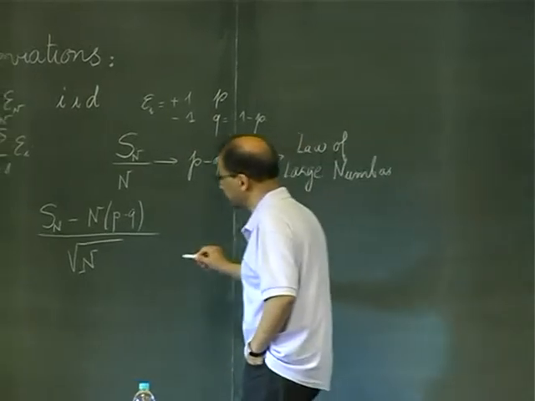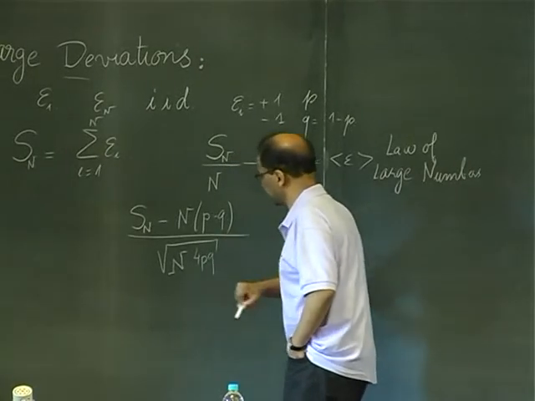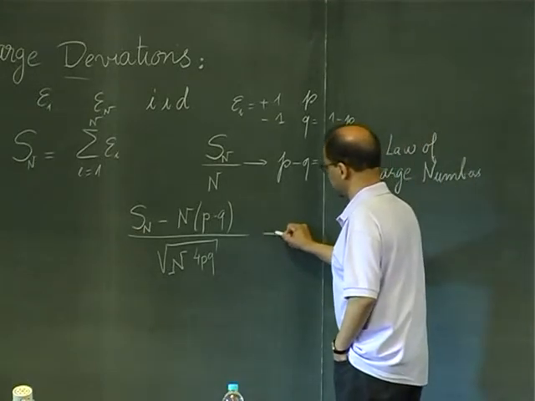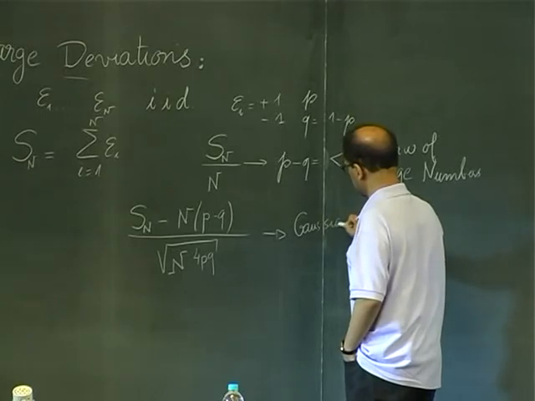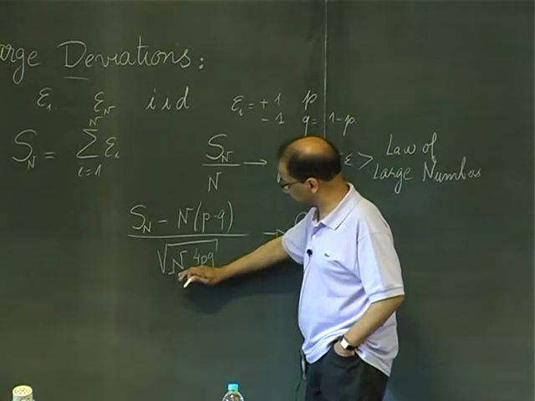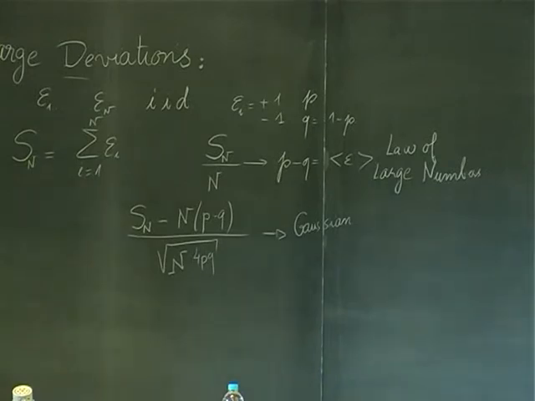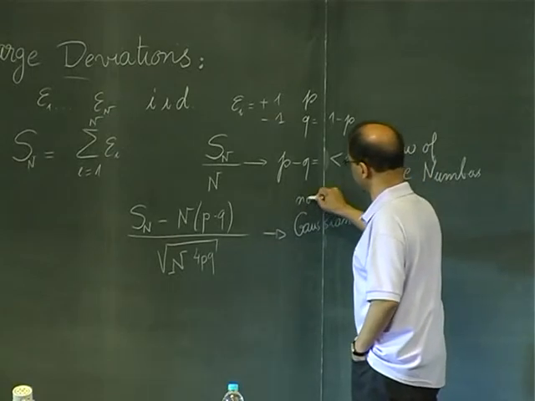So in fact, if I even rescale it, this is just a number, it's not so important. But this will converge towards a Gaussian with 0 mean. And because if I rescale things correctly, the Gaussian will be normalized. So with unit variance. So normalized Gaussian variable.